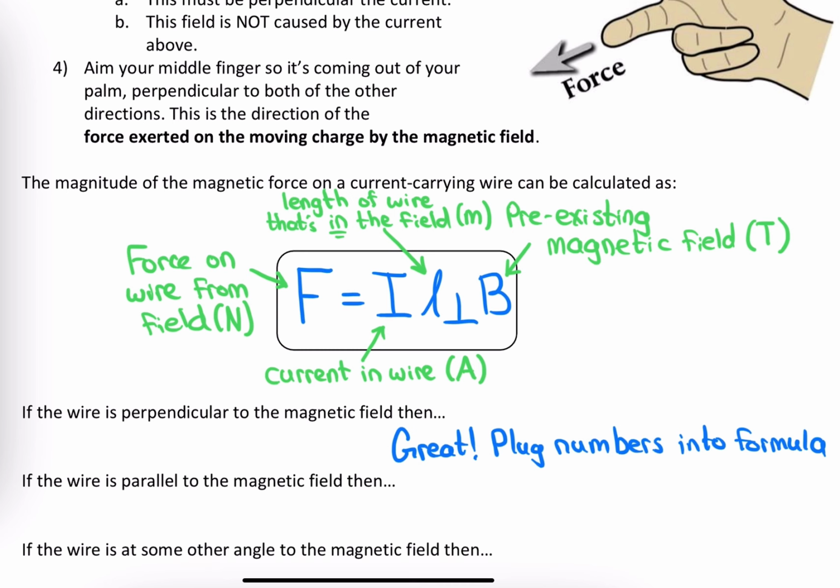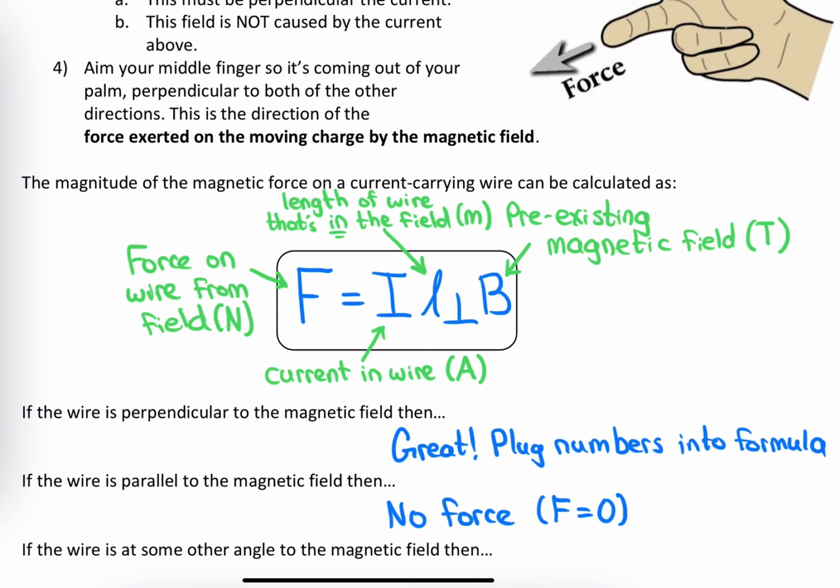If the wire, however, is parallel to the magnetic field, well, like we said, parallel is kind of the opposite of perpendicular, so we're going to get the opposite of a force. We're going to get no force. F is going to be 0.